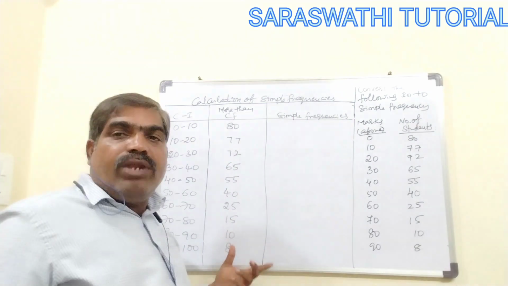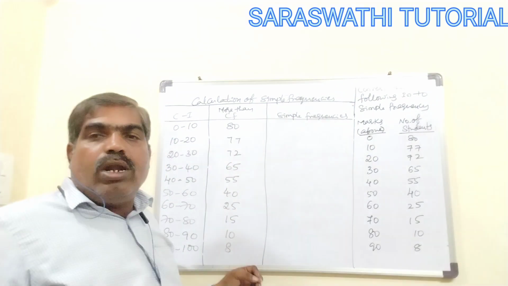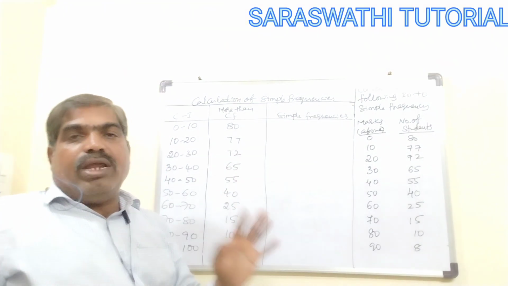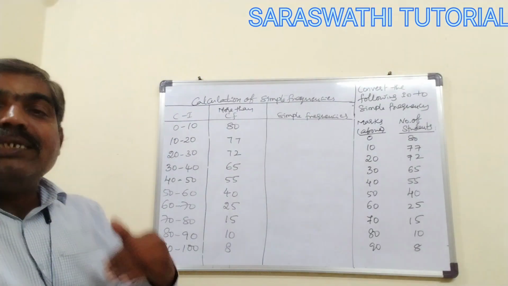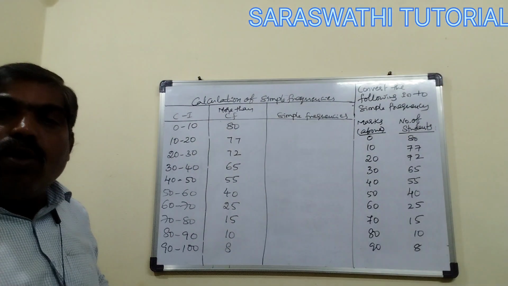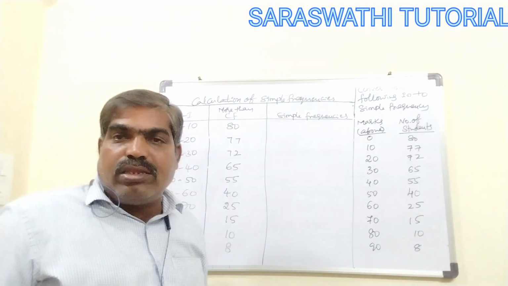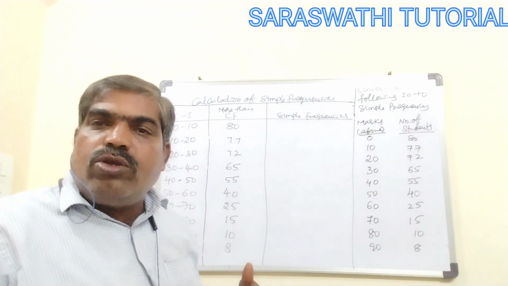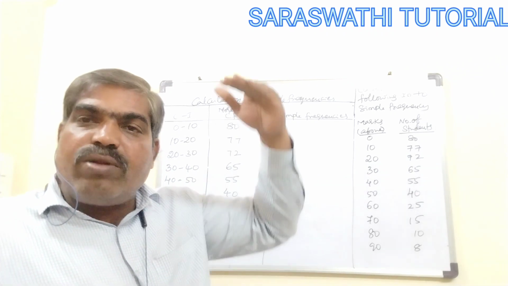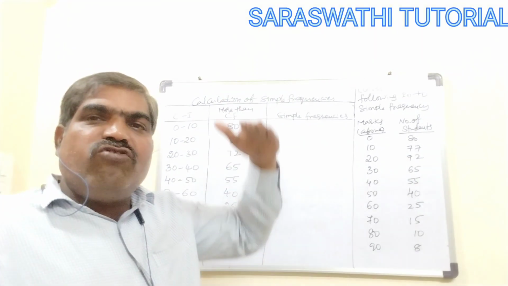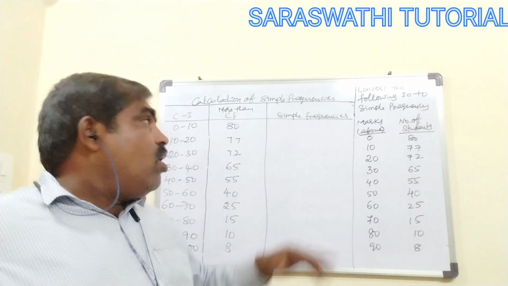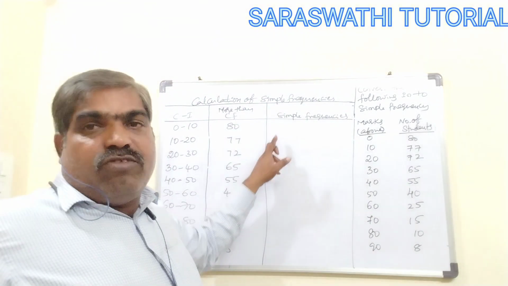Now, whatever frequencies are given in descending order are called more than cumulative frequencies. Now we should convert them to simple frequencies. But how? We just take the differences. Under the less than cumulative frequencies, we calculated from top to bottom, that is, from lower to upper observation.